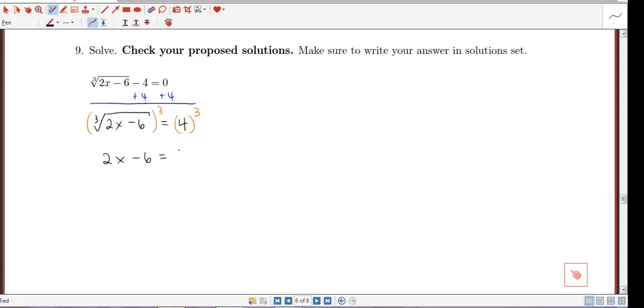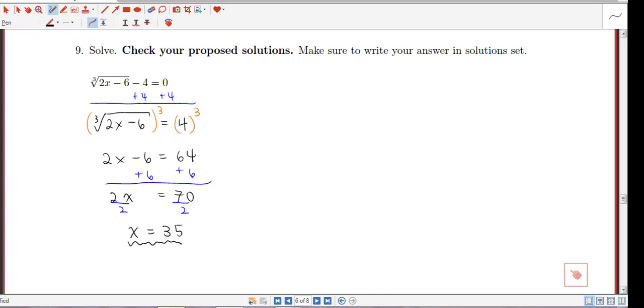So I believe that is 64. Okay, now what you're going to do is solve for x. So plus 6 plus 6. And here what you're going to get is 2x equals 70. Dividing by 2. And you're going to get x equals 35.